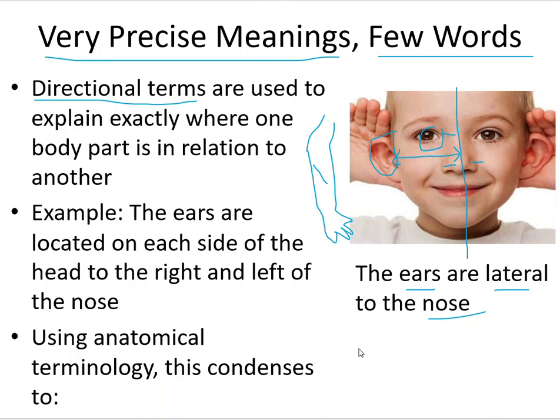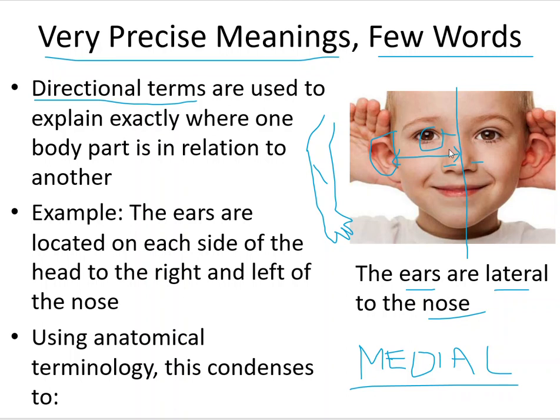Now, that's lateral. There's another one that is medial. Lateral means that something is further from the midline. Medial means something is closer to the midline. So let me use my example.